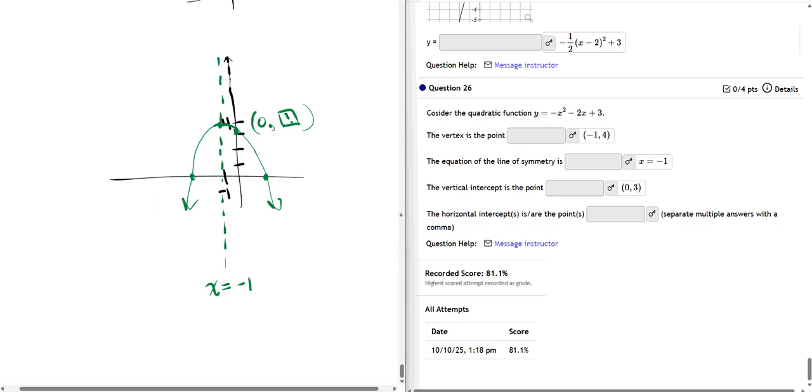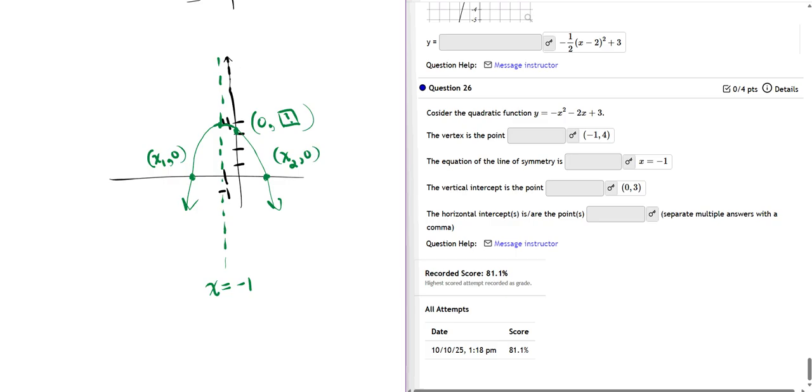So this one I know is going to have two x-intercepts, but how am I going to figure out what they are? Well, whatever they are, it's some x value with a 0 for y, and some other x value with 0 for y.